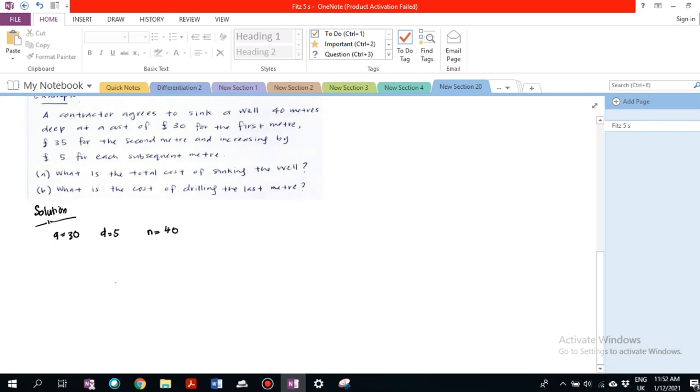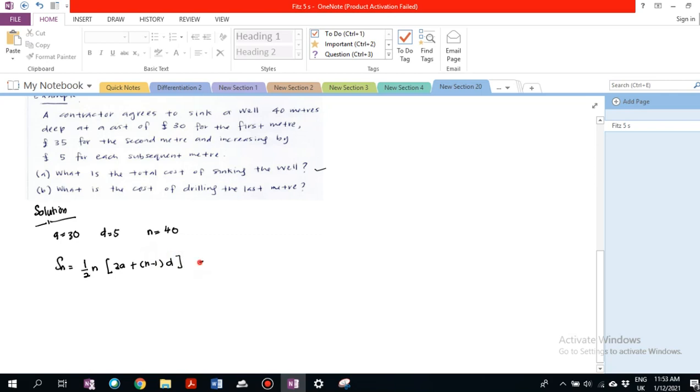Question 1 is, what is the total cost of sinking the well? So the total cost is Sn equal to 1 over 2 n times 2a plus n minus 1 d.